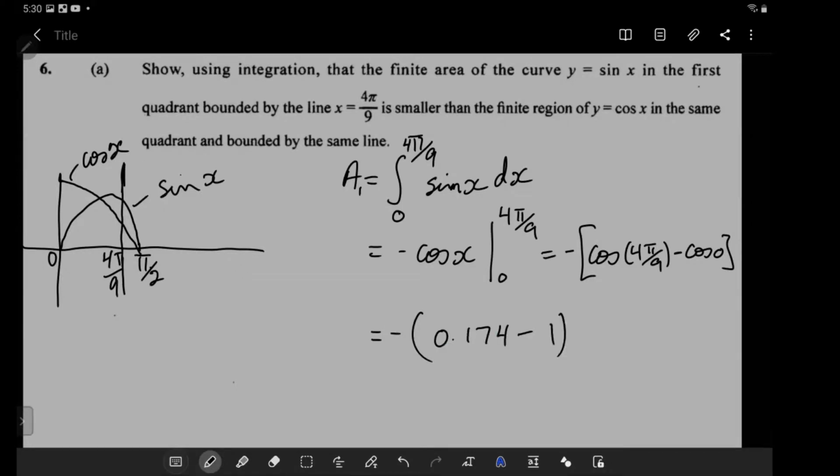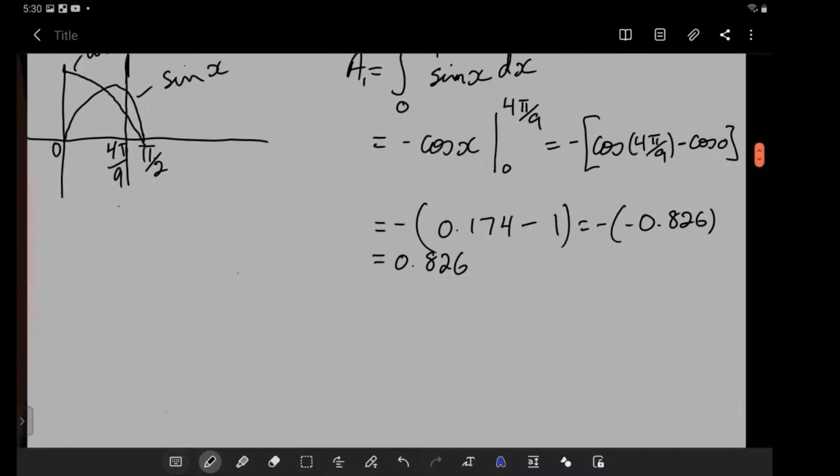So what we have here is that this is equal to negative 0.826, which of course is positive 0.826. So the area between sin x and the x-axis in the first quadrant, bounded by the lines, is 0.826.